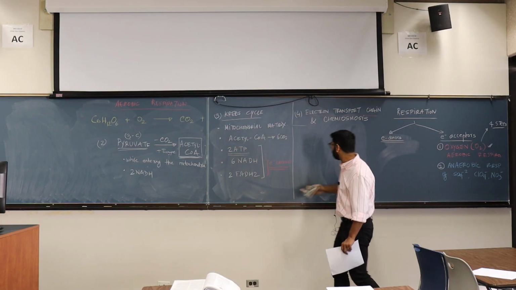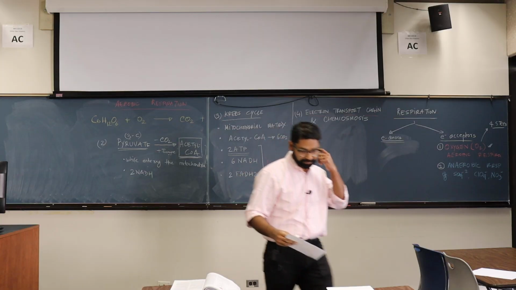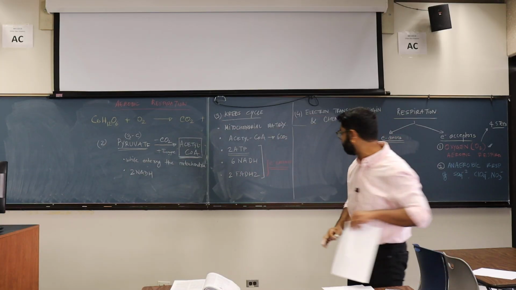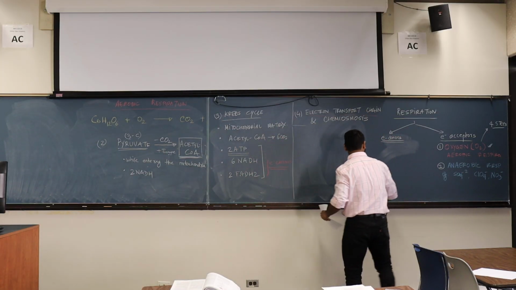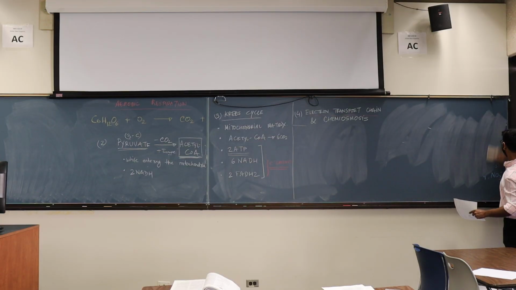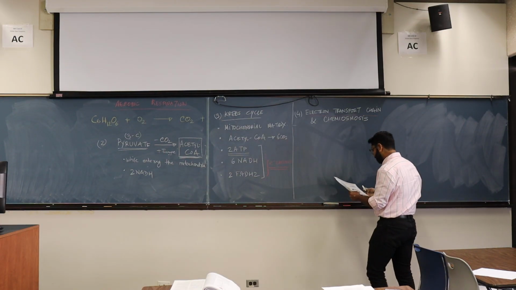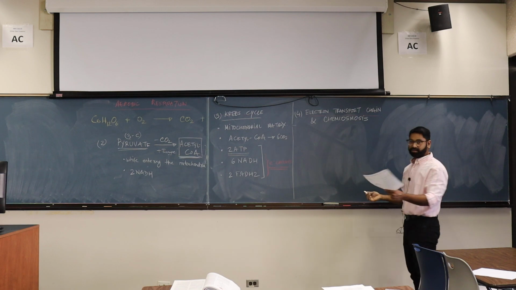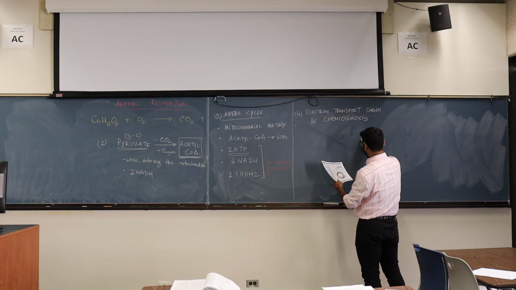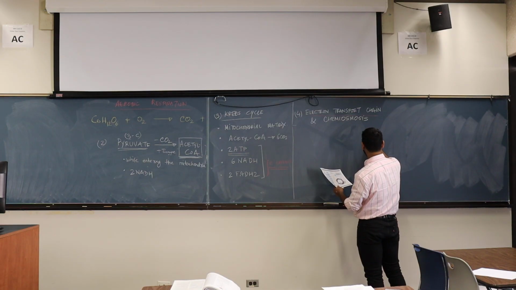Now, let's try to understand what's happening in the electron transport chain. So this is happening inside the mitochondria, right? So imagine that you have all these different, what do you think these are?